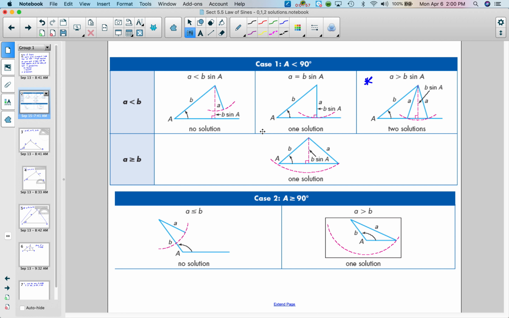You might pause this and make a copy of this. I don't mind attaching it as a separate document as well, so that you could just pull it up and look at it when you're doing your homework. But I'm going to show you how to go through this and how to use this.